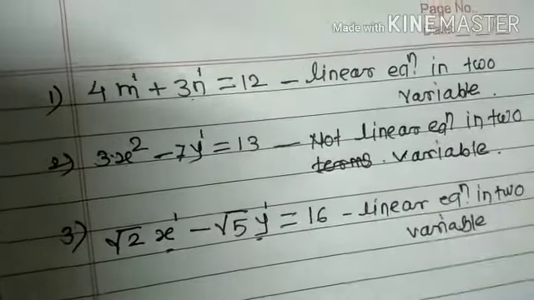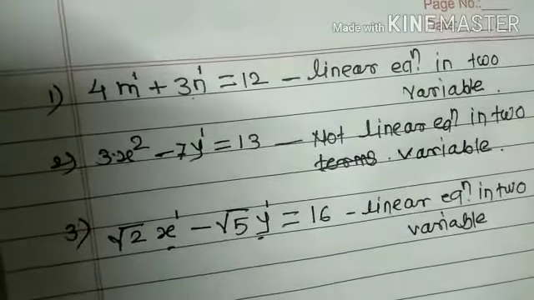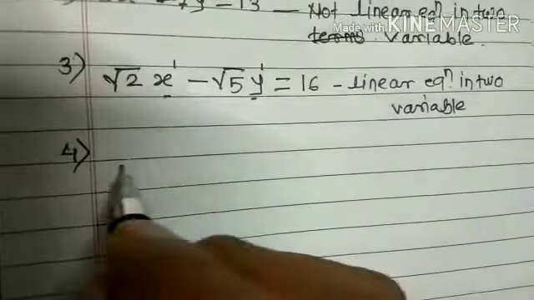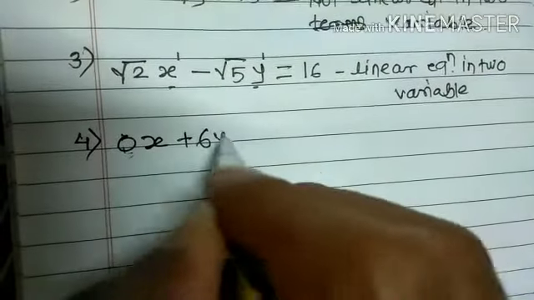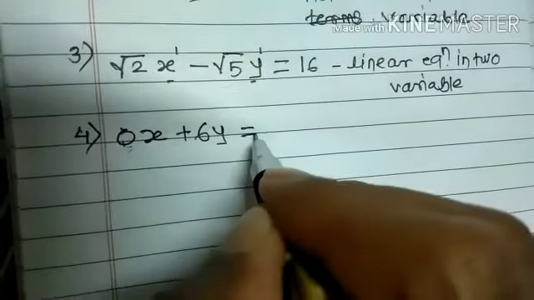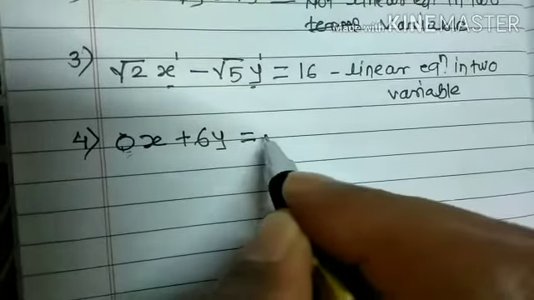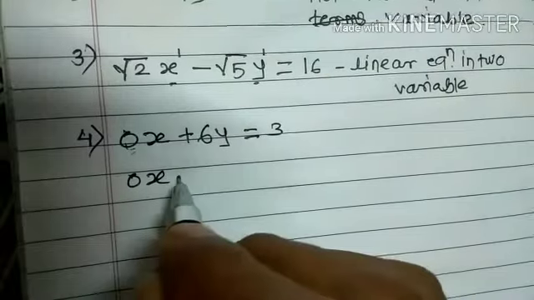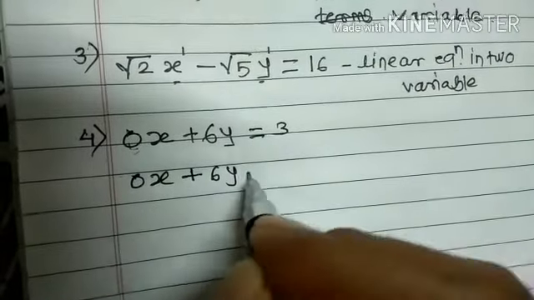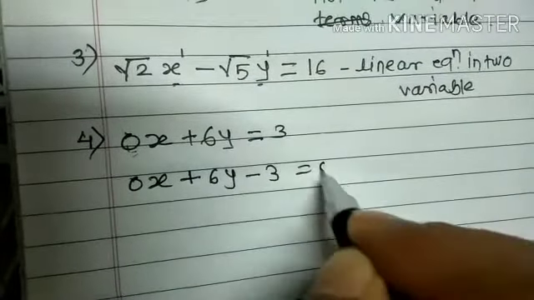Now listen here, fourth example, 0x plus 6y is equal to 3. This example is written again as 0x plus 6y minus 3 is equal to 0.